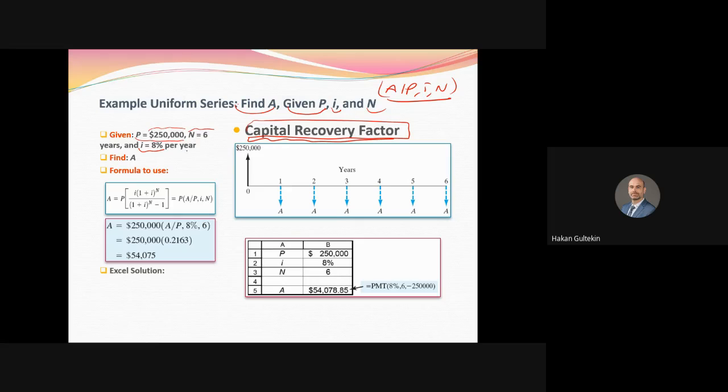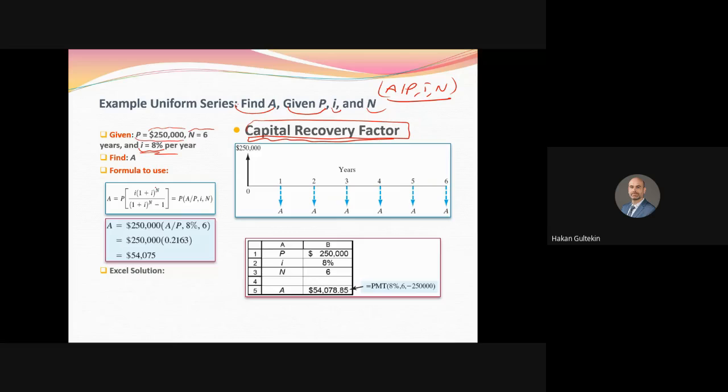So what will be the amount of payment? Actually, this is what the banks do. Let's assume that you want to buy a car and you go to Bank Muscat or Bank Nizwa, okay? And you ask, I want $250,000 to buy a car, and I want to pay this in 6 payments. How much shall I pay? You ask this question, and they do exactly this calculation and give you this value.